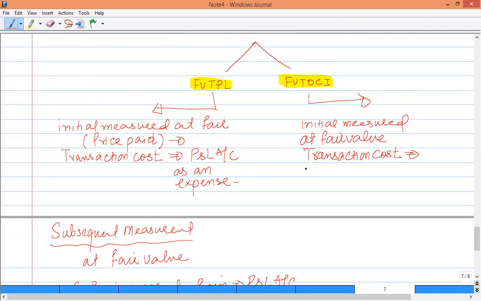For example, if you purchase 10,000 ordinary shares at a rate of 2, then the fair value is 20,000. And if we have paid 500 transaction cost, then it's 20,500. And that is the amount that is to be capitalized.